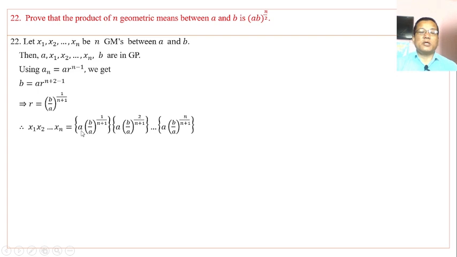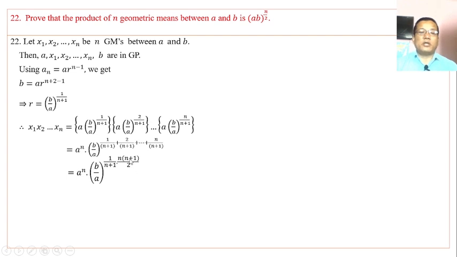Now the product of the terms: taking a common factor from each bracket, we get a power n times b by a to the power of 1 by n plus 1, with the powers summed up since the base is common. In the power, the denominator n plus 1 is common, and the numerator is 1 plus 2 plus up to n, the sum of the first n natural numbers, which is n times n plus 1 by 2.